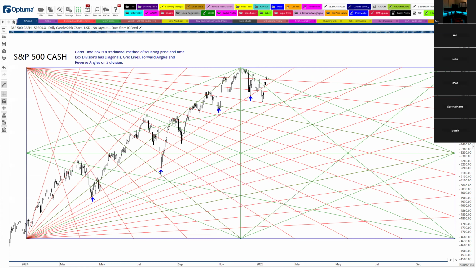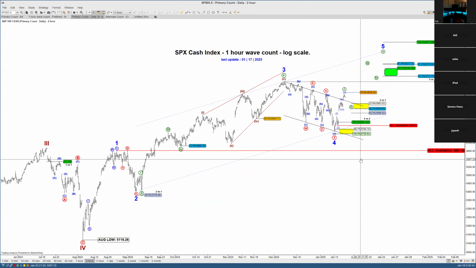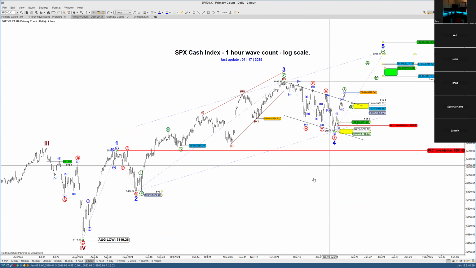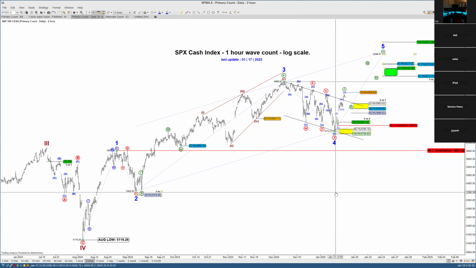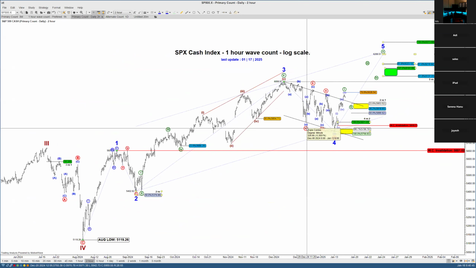I told him I just cannot rely on one single wave count. I know this wave count is valid, but if I screw up here, it's going to cost every single one of us money, right?